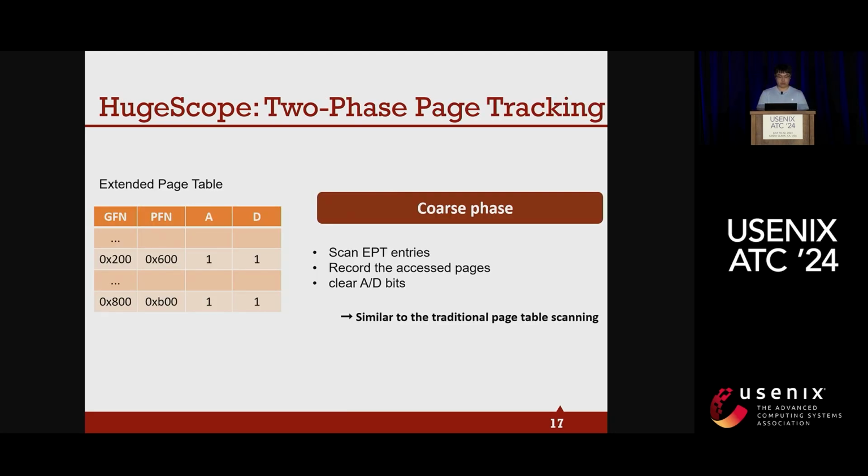We use the two-phase page tracking, including a coarse phase and a fine phase, to track the memory access behavior of virtual machines. Page tracking in the coarse phase is similar to the traditional page table scanning method, which periodically checks and flushes the access and dirty bits of all the second-level page table entries.